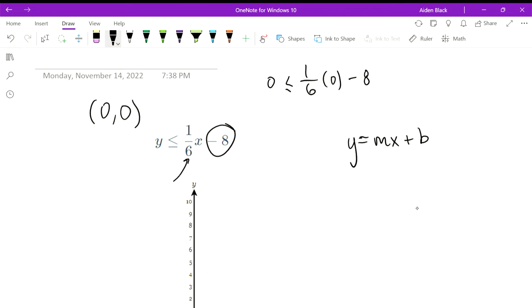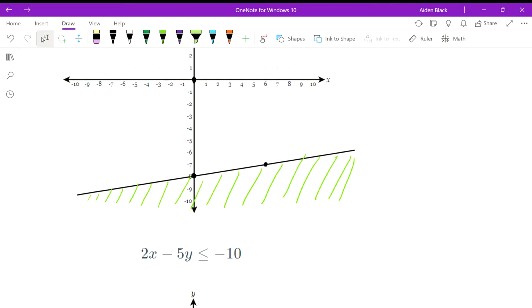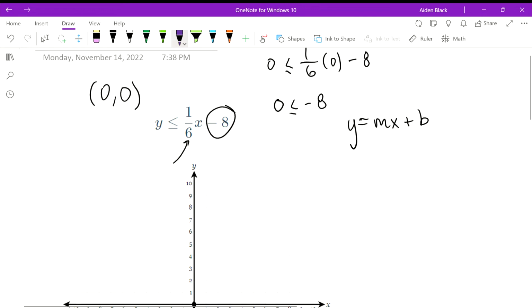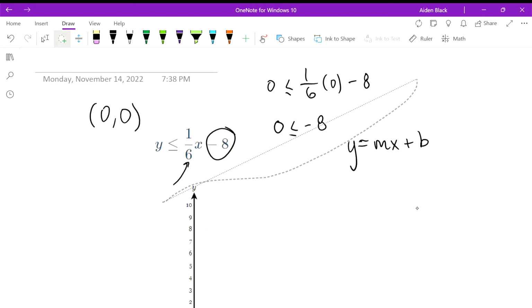And you'll see that 0 is not less than negative 8. Now if you plugged in any of these points down here, like let's say 3, negative 9, if you plug this point in, it should work for this inequality.